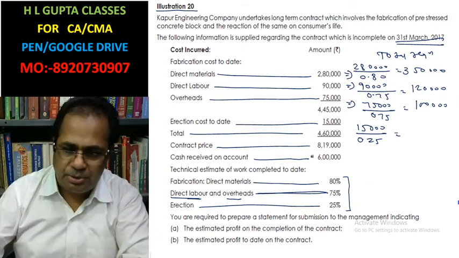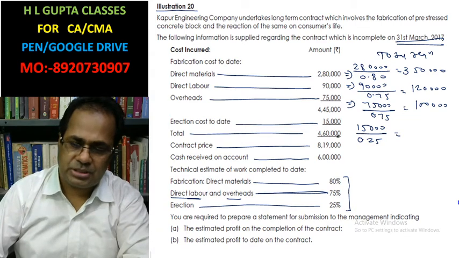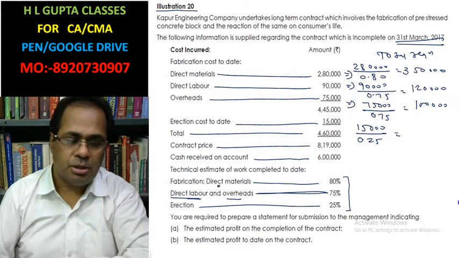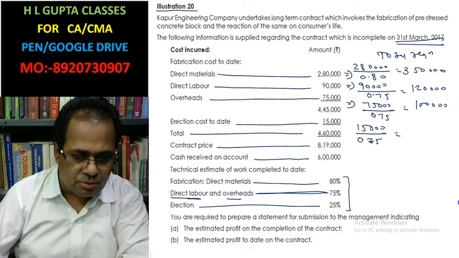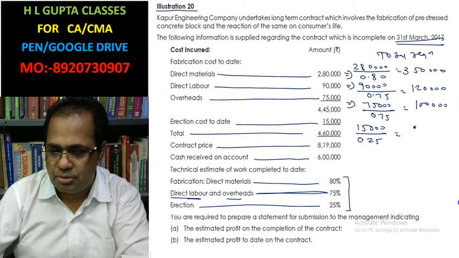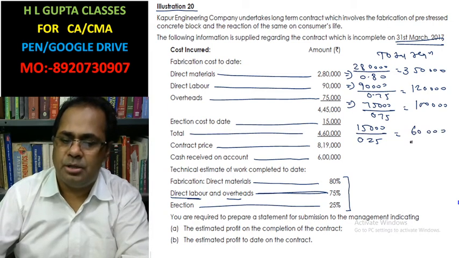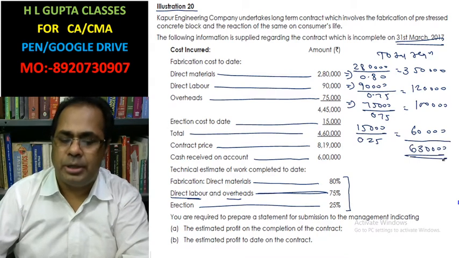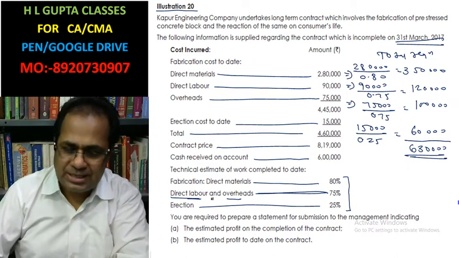In the case of erection cost, 15,000 is 25% of the total erection cost required. It means this will be 60,000. The total cost required is 6,30,000.